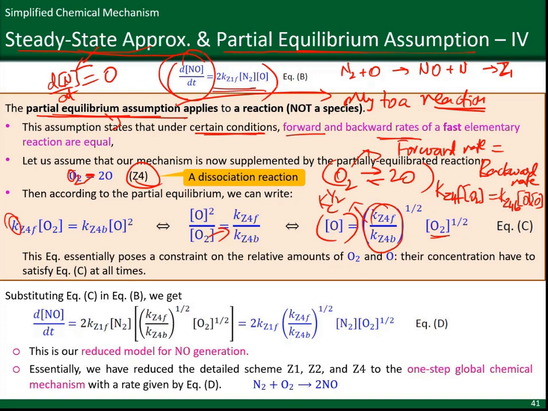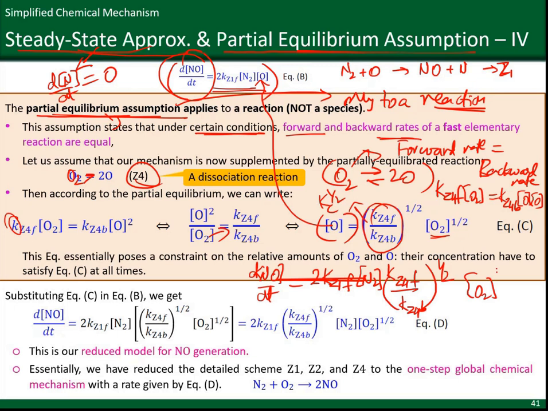Once we have this expression for oxygen atom concentration, we can substitute it back into equation B. Equation B, we wrote as d[NO]/dt is 2 K_Z1F times N2 times concentration of O atom. Concentration of O atom is this quantity: K_Z4F by K_Z4B raised to half times O2 raised to half.